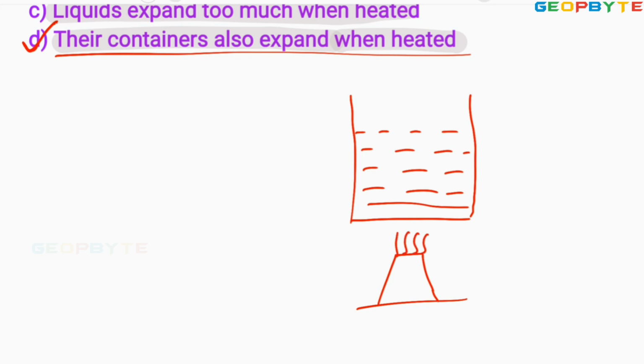By the time the heat is supplied, this container is expanding. Container is expanding and water is also expanding. That is the practical reason. The exact expansion of the water present in the container cannot be measured because the container is also expanding.